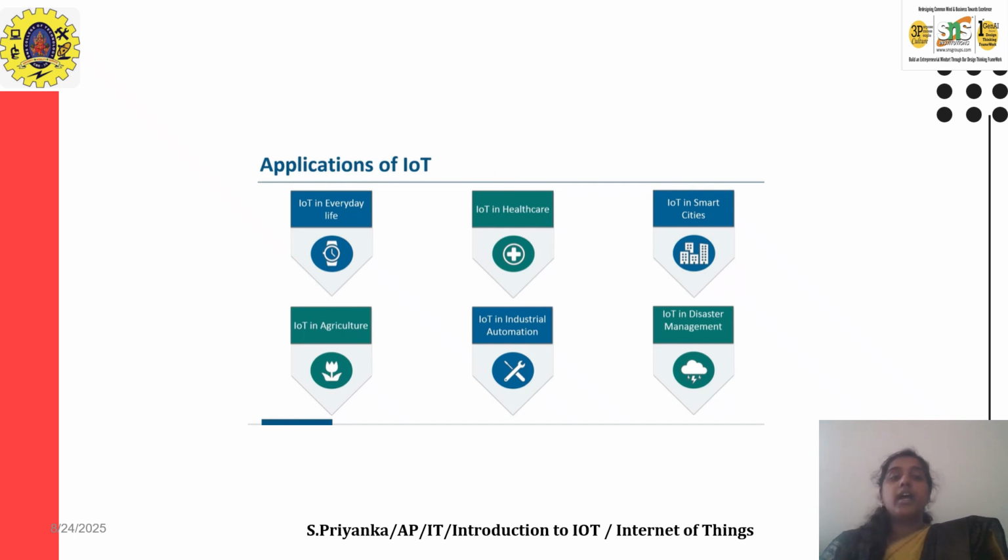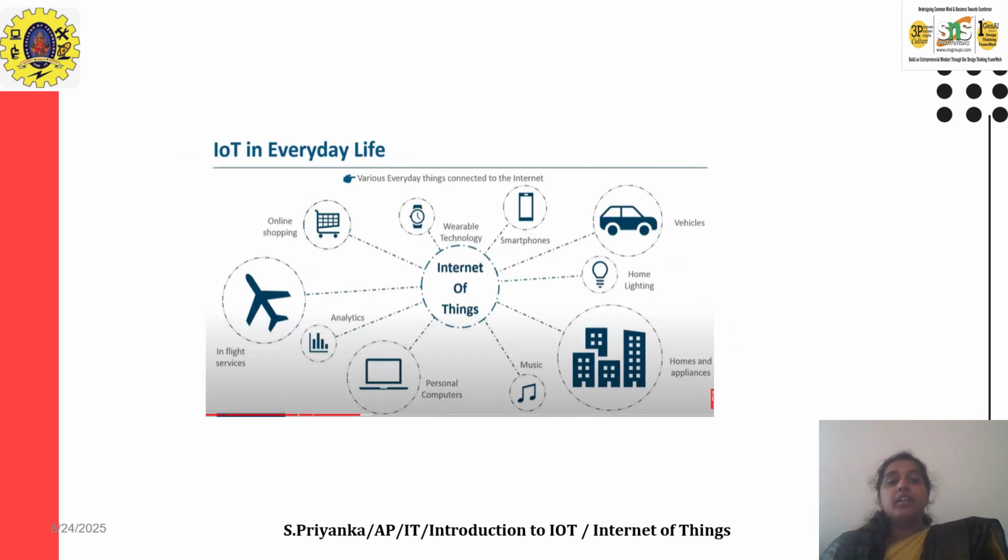Next, coming to applications of IoT. IoT is mainly used in everyday life, healthcare, smart cities, agriculture, industrial automation, and disaster management. Let us see in detail. First of all, IoT in everyday life.